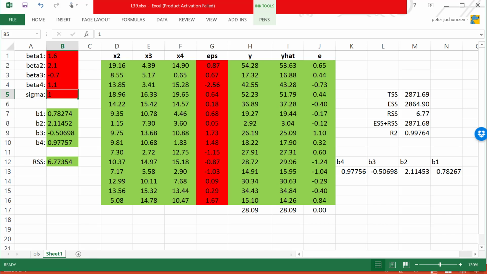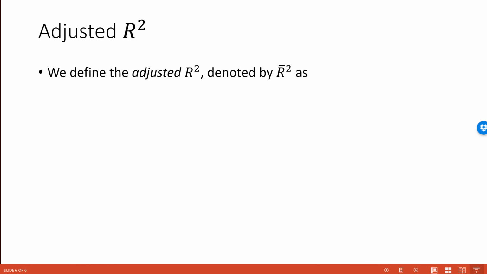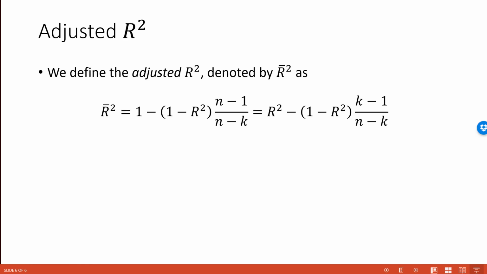The idea is to build in some punishment into the measure of fit for adding more variables. So R bar square will only increase if you add a new explanatory variable and there is a substantial increase in the fit. Its definition is as follows: adjusted R square or R bar square.